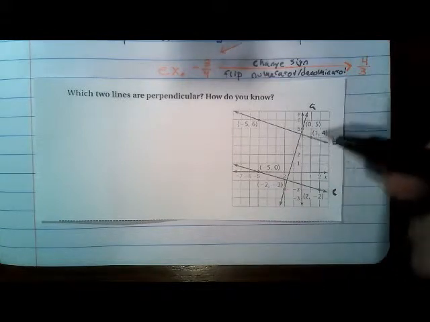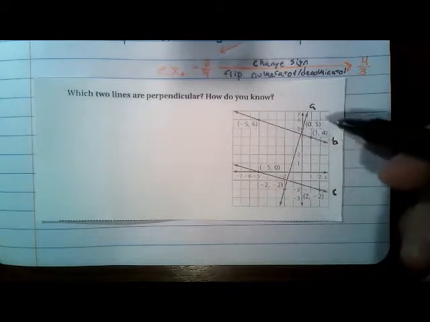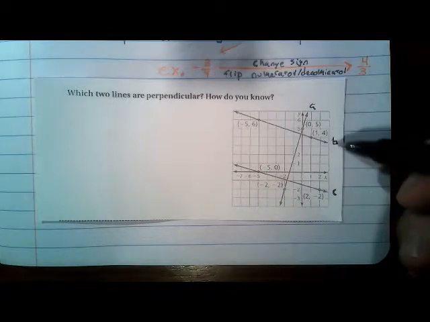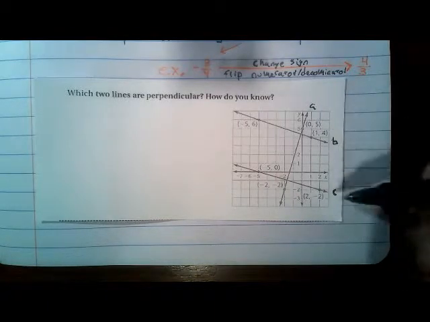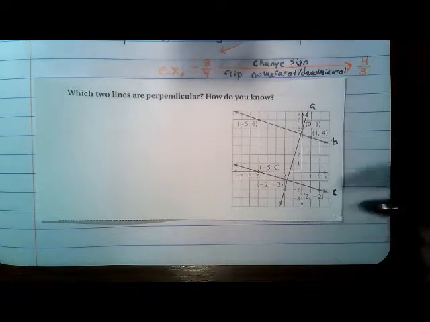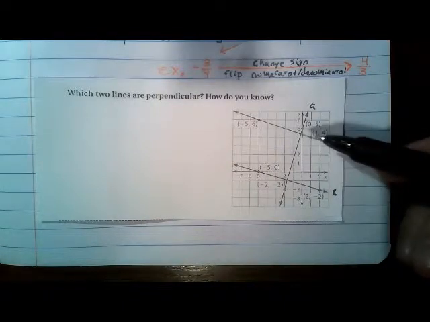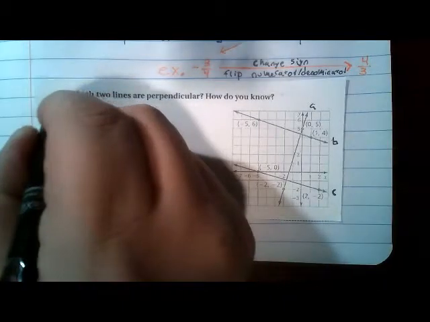They might actually be parallel. Kind of look like it. But A is either going to be perpendicular to B, or to C. So what I would do is find A first, just to shorten the work. So let's find the slope of line A.